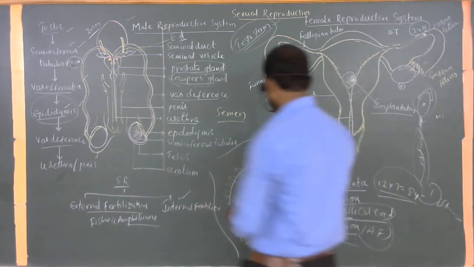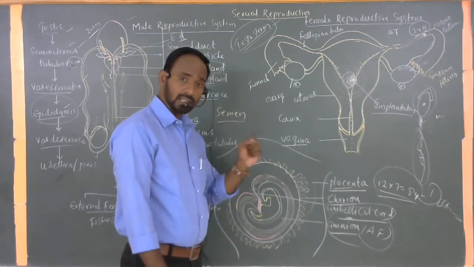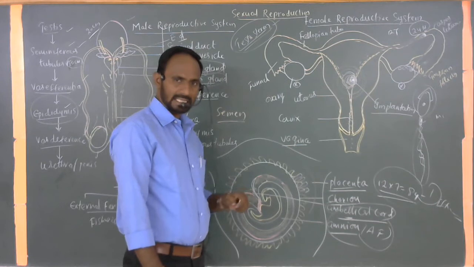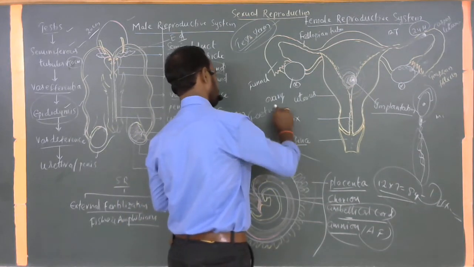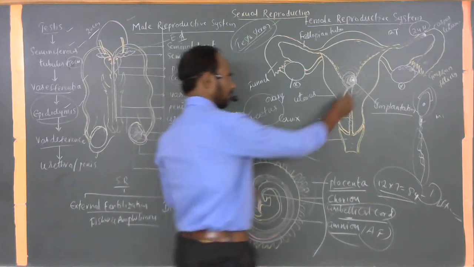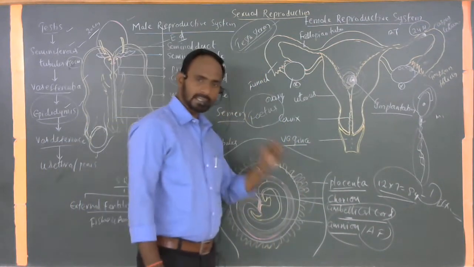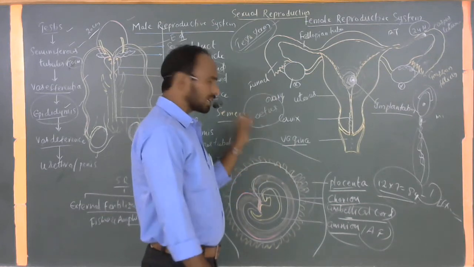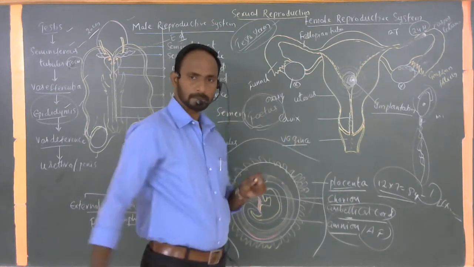See this. After the formation of the embryo, from the third month of pregnancy, the embryo is commonly called a fetus. For example, this is the first day after the formation of the zygote. Until the third month, that embryo is commonly called the fetus.